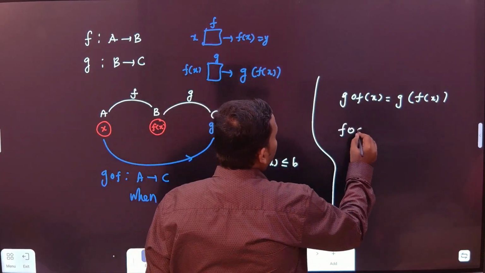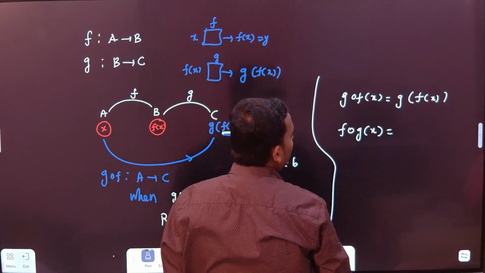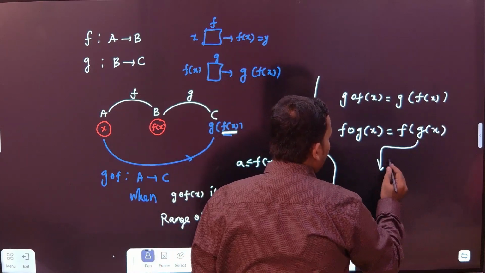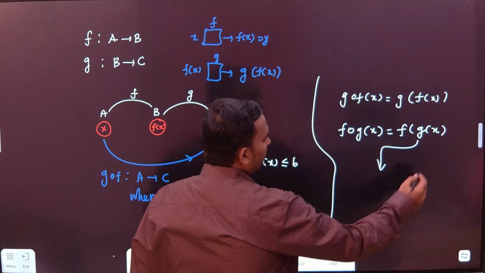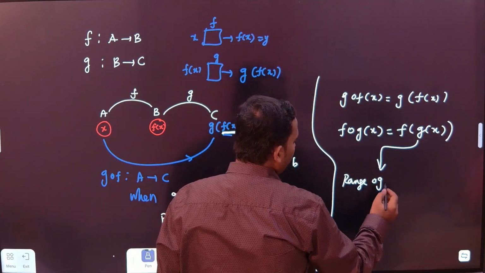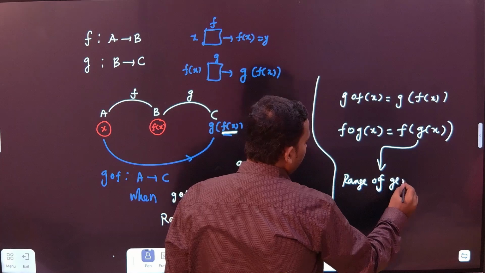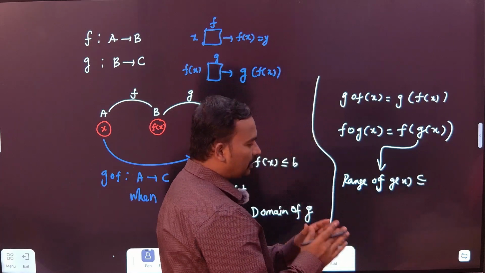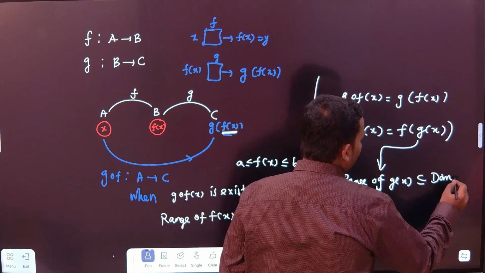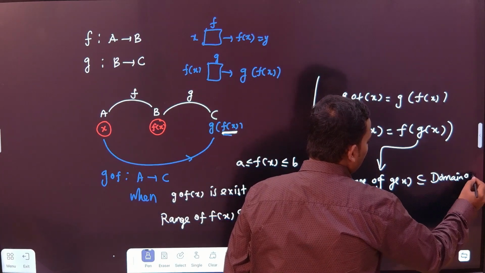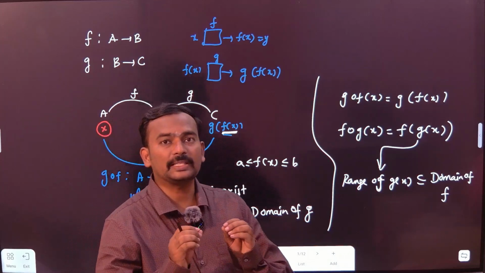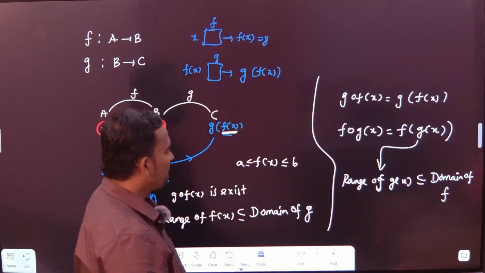So f composition G of x, how do we write it? f of G of x. When is this defined? The range of G of x should be a subset of, that means within, the domain of f. Then only f composition G is defined. Clear?